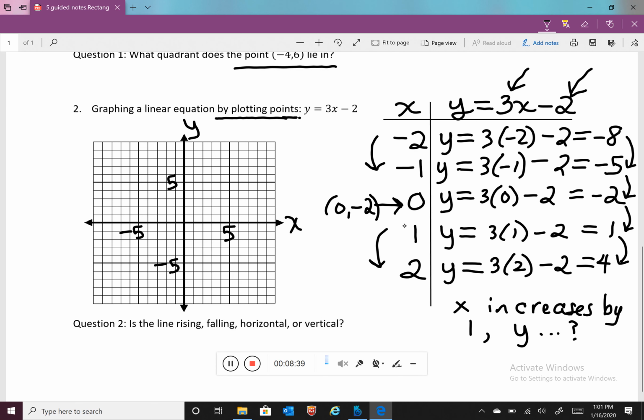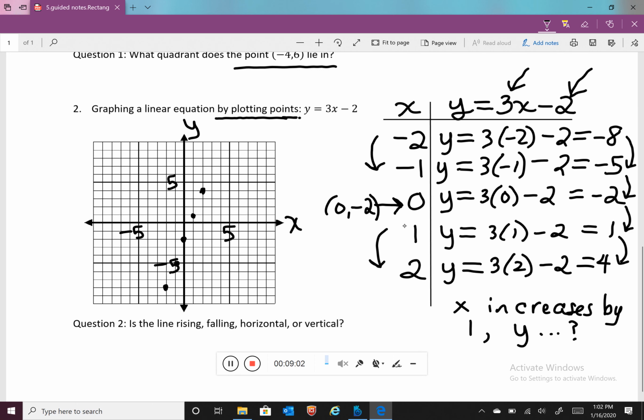And my first point is (-2, -8), (-1, -5), (0, -2), (1, 1), and then finally the last point I have is (2, 4).